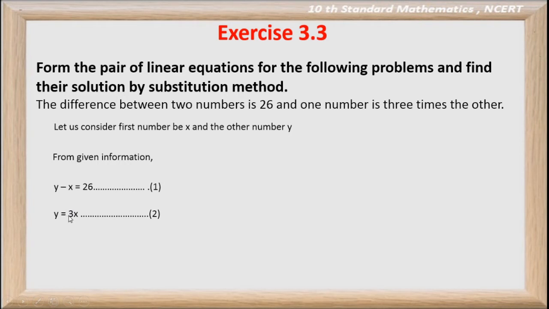So y equal to 3x. So from this statement, we formed the two linear equations. Now this is a pair of linear equations. From these equations, we have to find the solution. That means we have to find the numbers, x and y, by using the substitution method.